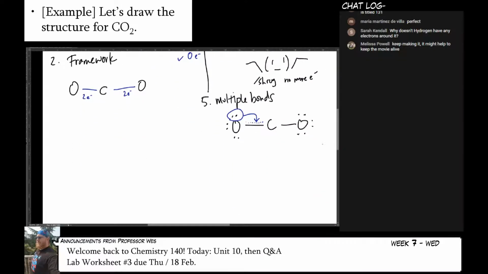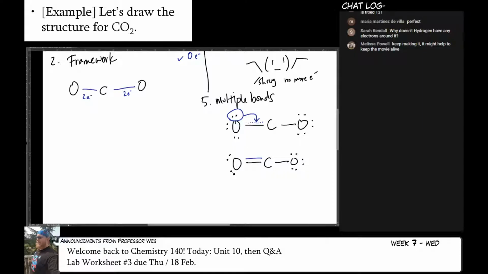And if I do that, my structure will now look like this. So here are the electrons that we didn't use. This side hasn't changed yet. And the 2 electrons that I circled up here are now here.